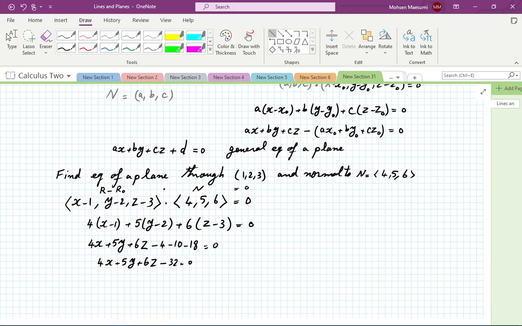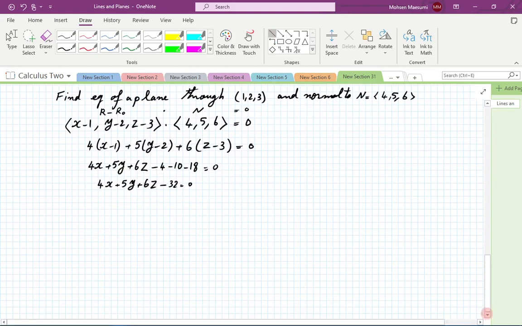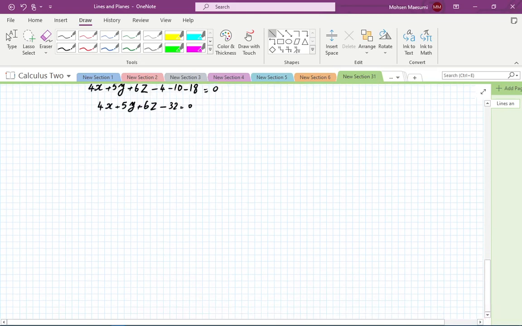Now, how about other styles of describing a plane? Well, what else could there be?